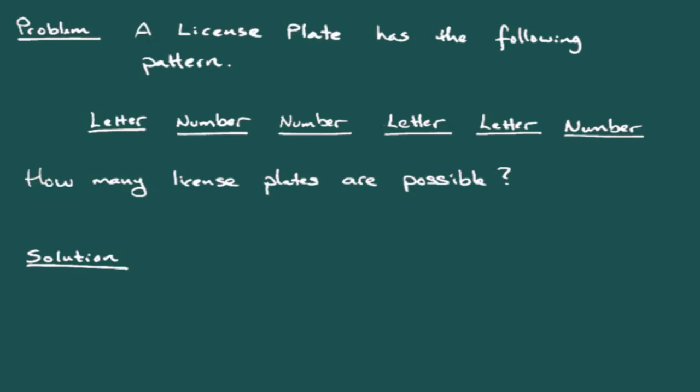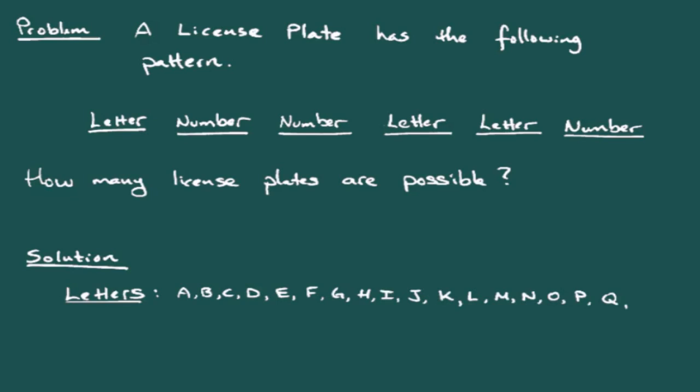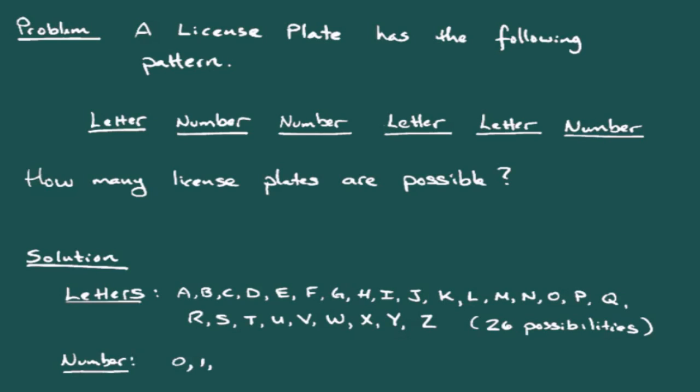So for the solution to this, we first say how many letters are we allowed to have? Well, A, B, C, D, all the way up to Z, we're allowed to have 26 possible letters. For the numbers, we can have any digit 0 to 9, and so that gives us 10 possibilities for our numbers. And so by the fundamental counting principle, we have letter, number, number, letter, letter, number.